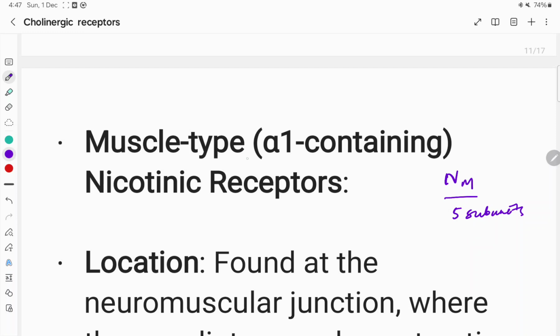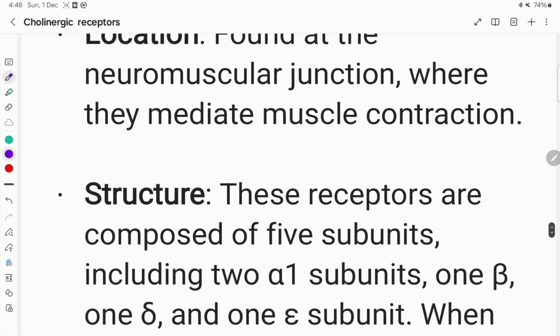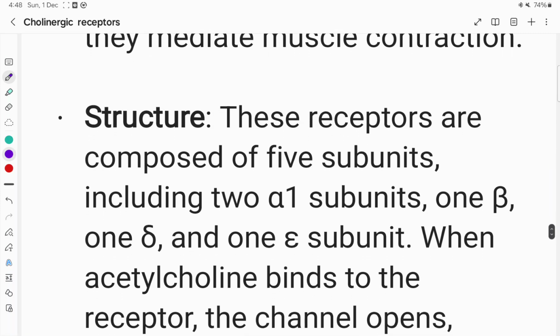Muscle type are mostly homomeric, where all the 5 subunits are mostly alpha 1, and the nicotinic neuronal type is heteromeric, containing both alpha and beta subunits. In addition to them, there can also be other subunits like delta and epsilon.